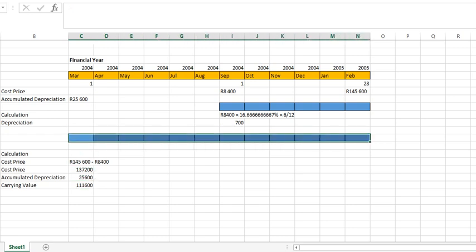Now this carrying value we will use to calculate the depreciation for the full 12 out of 12 months.